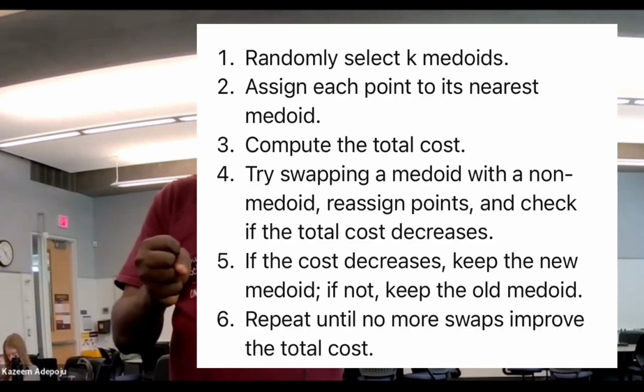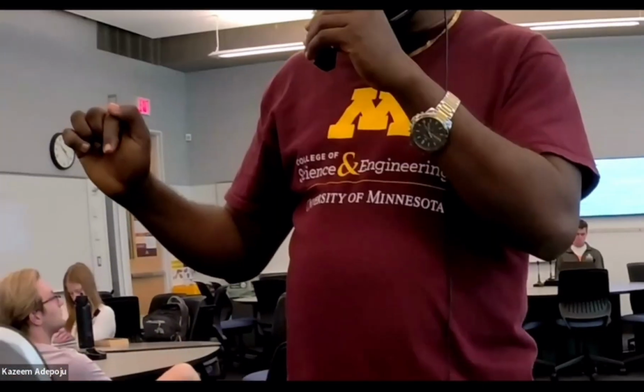Let me also tell you this: when you use a data point as a medoid, we swap that data point with others, and I'm going to demonstrate to you how that happens. When I use the data point as a medoid, I calculate the cost.